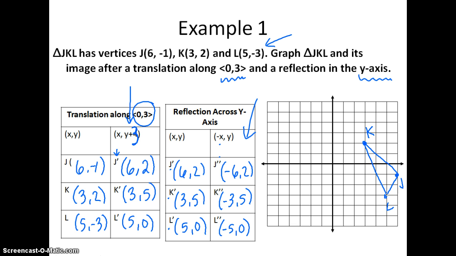Now I'm going to graph my final figure, the ones that have the double primes. So J double prime will be -6, +2. K double prime is -3, +5.